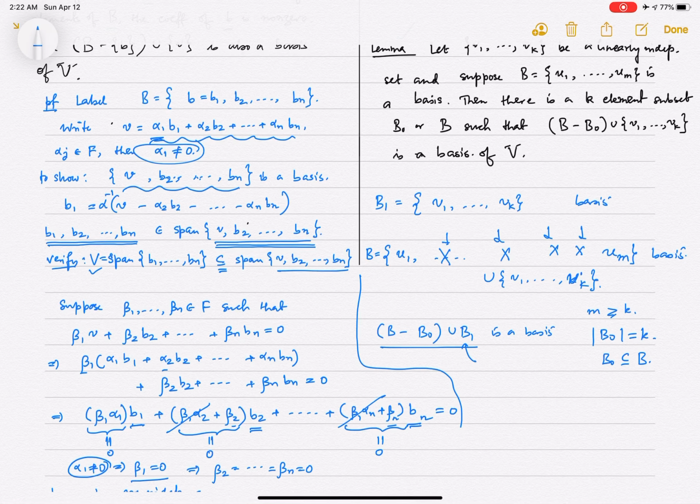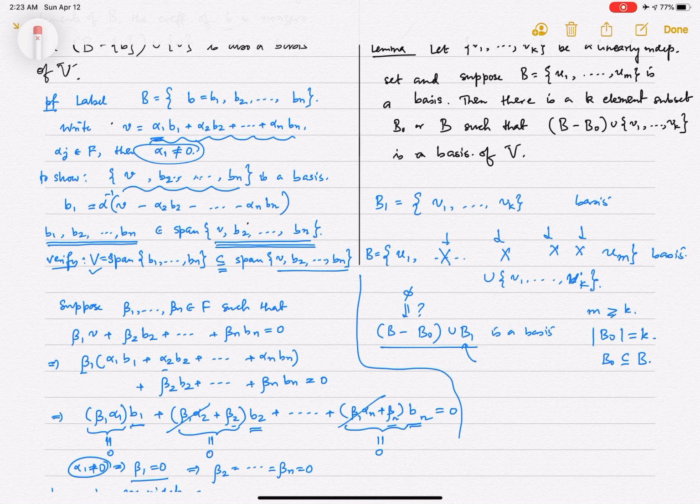If you add something to a basis, it can no longer be a basis, so I claim that this has to be the empty set. Why? Because if it is non-empty, then I have a basis and then I'm adding something to it and it's still a basis. That's just patently impossible. As long as you have a vector here, you can write this guy as a combination of b1, because b1 is a basis.